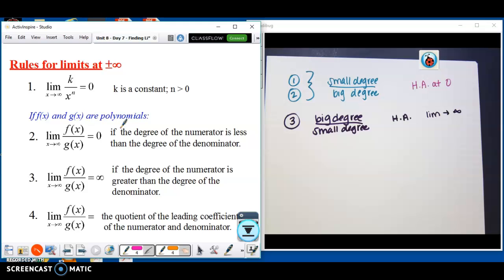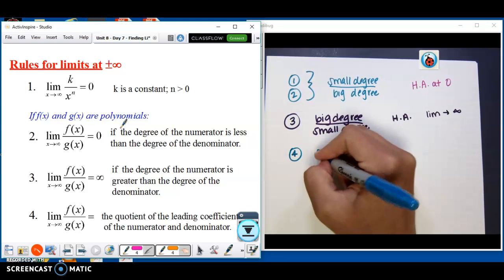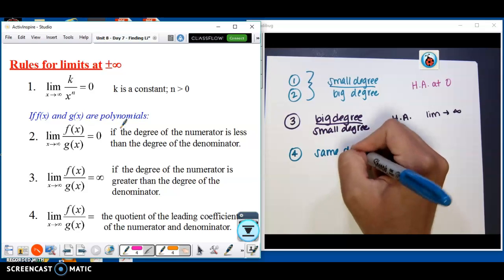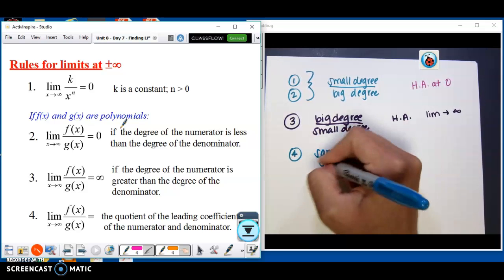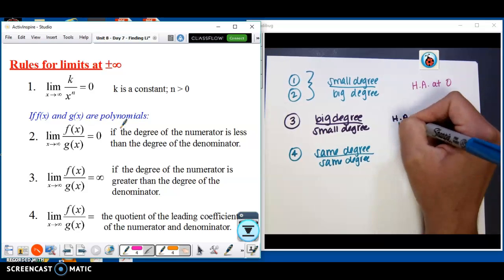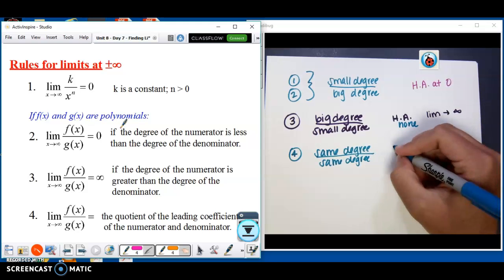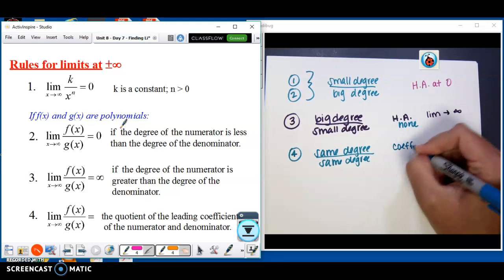And the fourth one is when you have the same degree over the same degree. Then remember you have to use the coefficients over the coefficients.